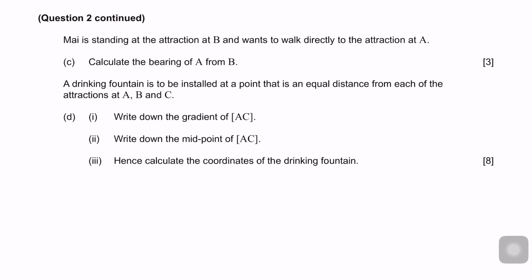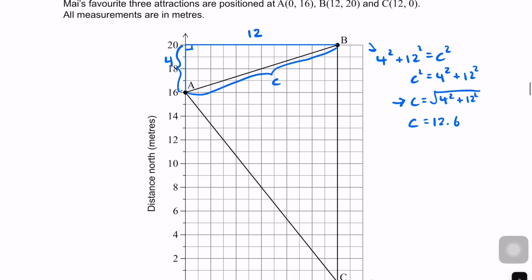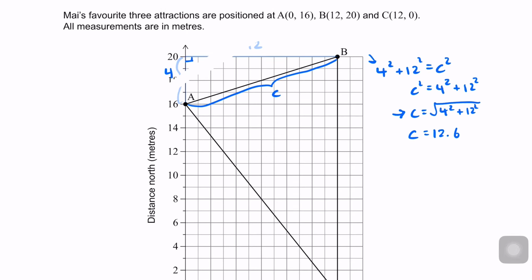Maya is standing at the attraction at B and wants to walk directly to the attraction at A. Calculate the bearing of A from B. A from B, okay. So she's standing at B and she wants to walk to A. Okay, let's go back to here, clear up some space, and have a look.